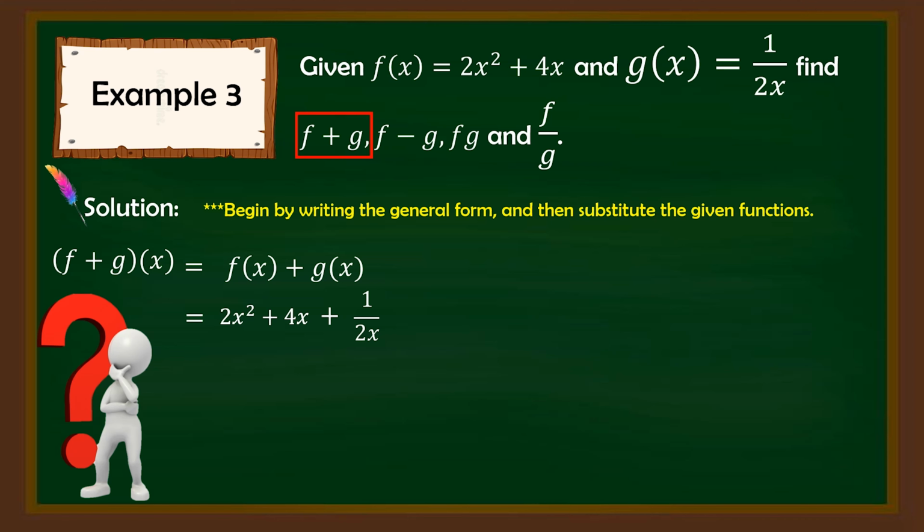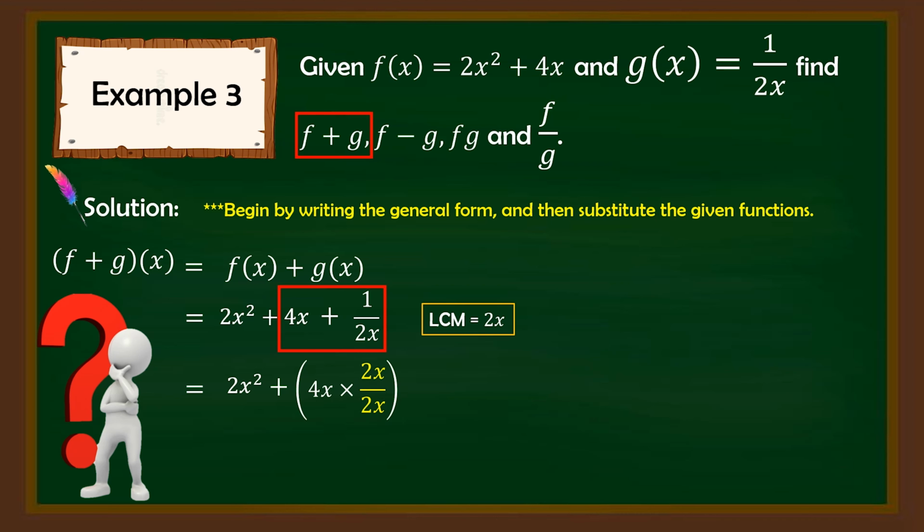Then, combine similar terms. By that, we will add 4x plus 1 over 2x. Since the other one is a whole number and the other one is a fraction, we will find first the LCM, which is 2x. Then, we will multiply 4x by 2x over 2x to make it similar fraction. By that, we have here 2x squared plus 4x times 2x over 2x plus 1 over 2x.